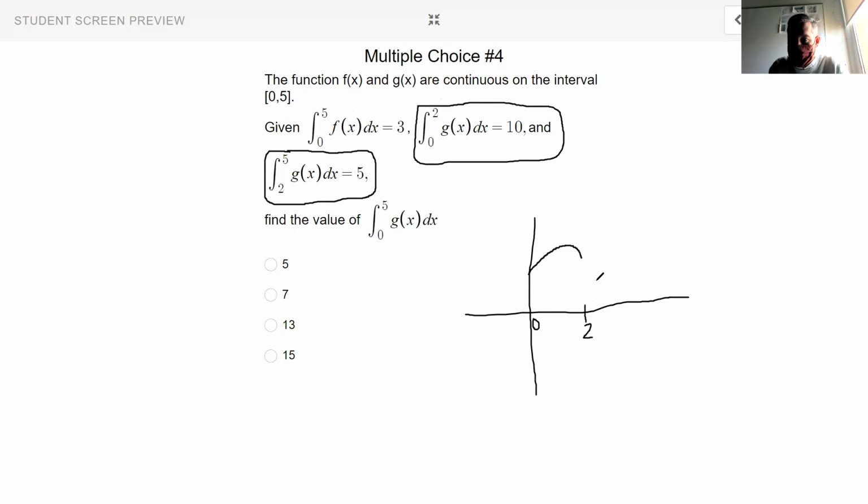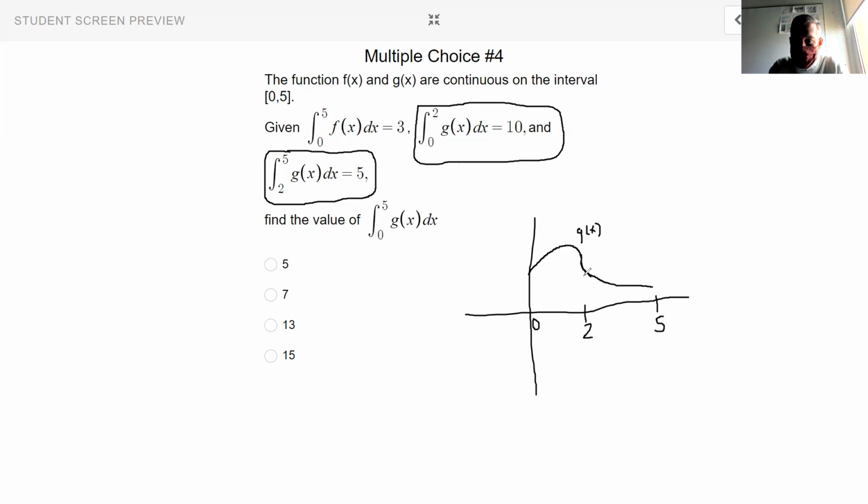I'm making something up. And then from 2 to, let's say, 5, our curve g of x maybe looks like that. I'm just drawing an example of how you might interpret this. I wouldn't expect you to sketch it, but just why this makes sense.